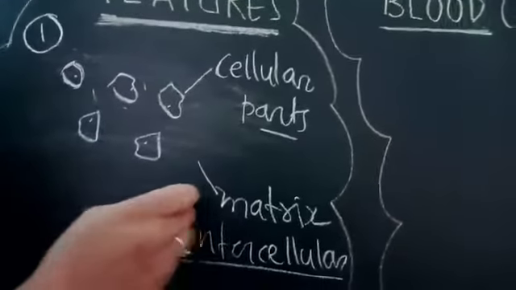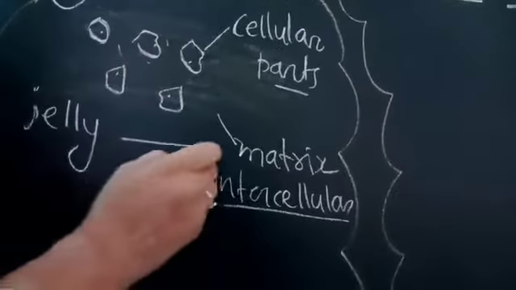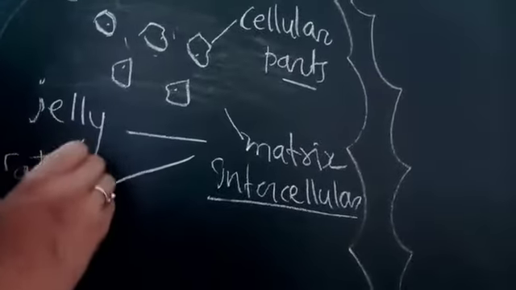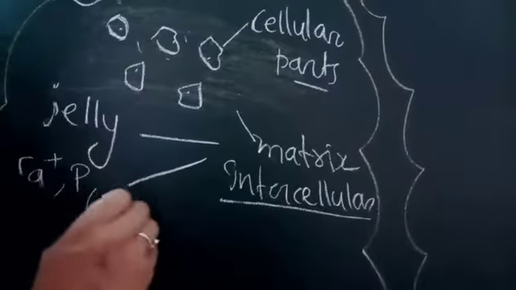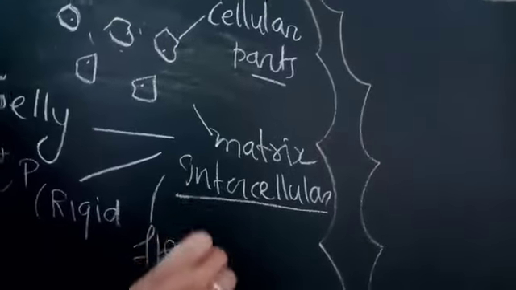Now, this nature of the matrix may be jelly-like. It may be impregnated with calcium, phosphorus. It may be rigid. It may be flexible. So, depending upon the nature of the intercellular matrix, we have further divided the connective tissue into various types.